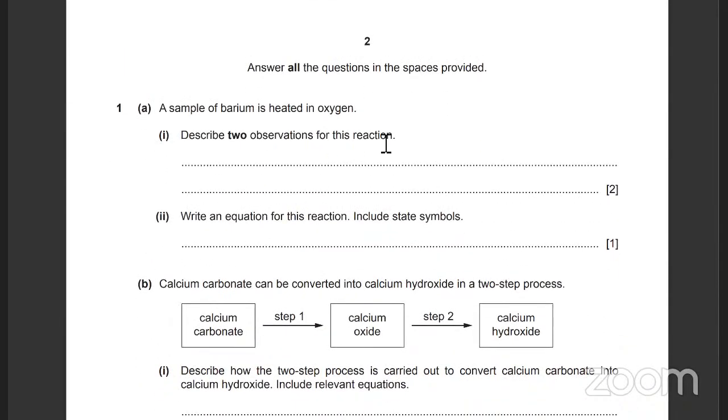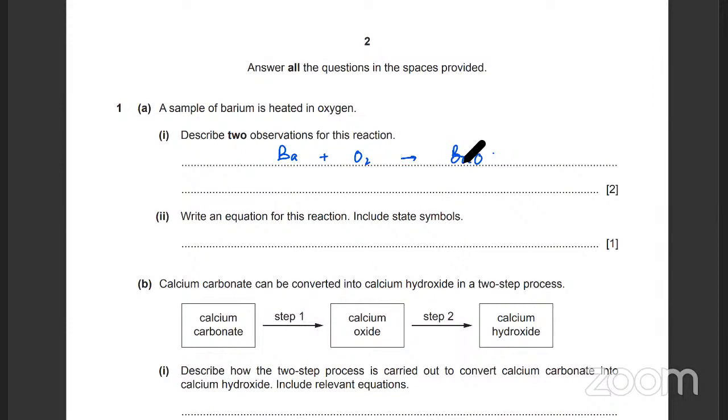Describe 2 observations for this reaction. What happens when barium is reacted with oxygen? They're not looking for the equation, but what are the 2 things that you would observe? A solid is formed, a white solid specifically.